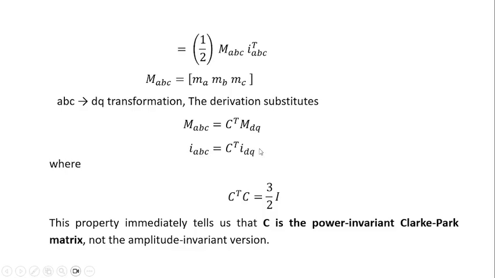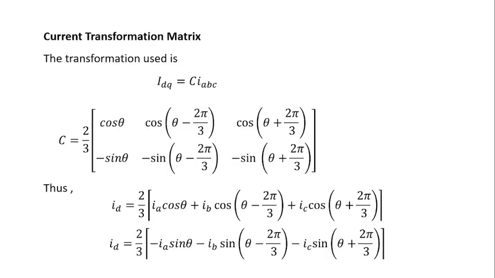We will see what this C matrix is, where C into C transpose will give us 3 by 2 times the identity matrix, or you can simply call it 3 by 2. C is a 2 by 3 matrix. The current transformation used is IDQ is equal to C times IABC, where C is equal to 2 by 3 times of this matrix.